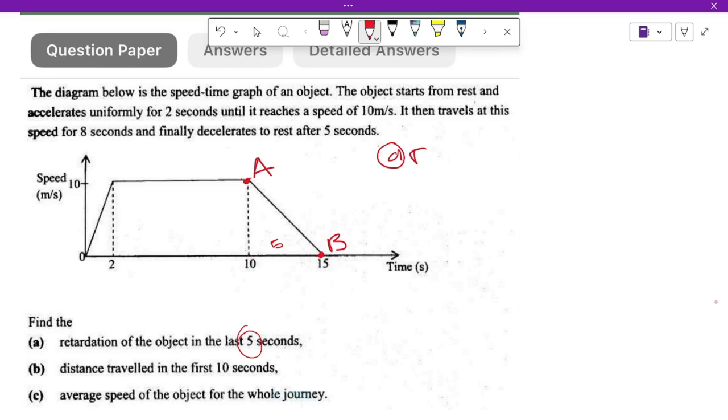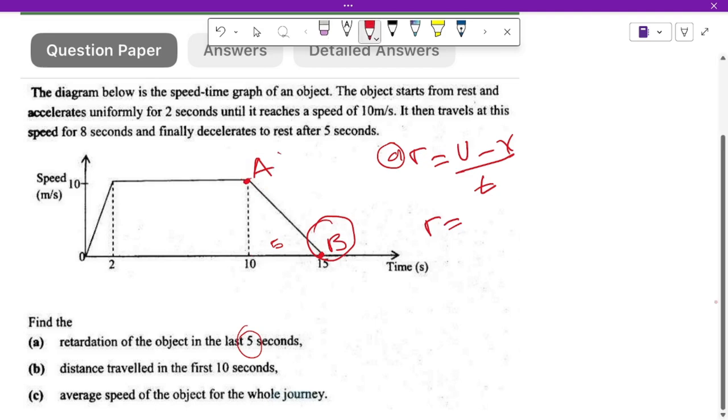So retardation R is equal to U minus V over the time. What is U? U is the starting velocity. It started from A and ended at B, so A is U and B is the final velocity V. How do you check the speed at A? You move towards the axis for speed and check what the speed is at this point.